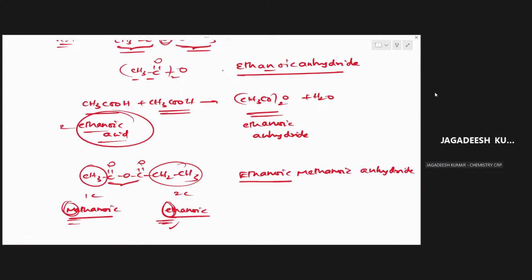That one you have to write, and later the second alkyl group with methanoic anhydride. So this oic anhydride is common here, and ethanoic, methanoic, based on the number of carbons, we use the root word. So this is about the anhydrides. If both are the same, you mention only one root word. If both are different, then you write both names.